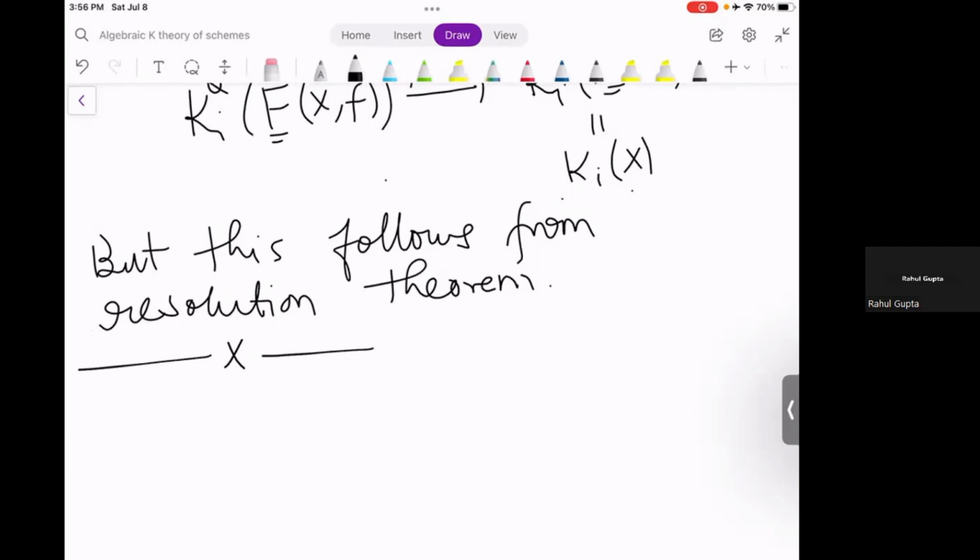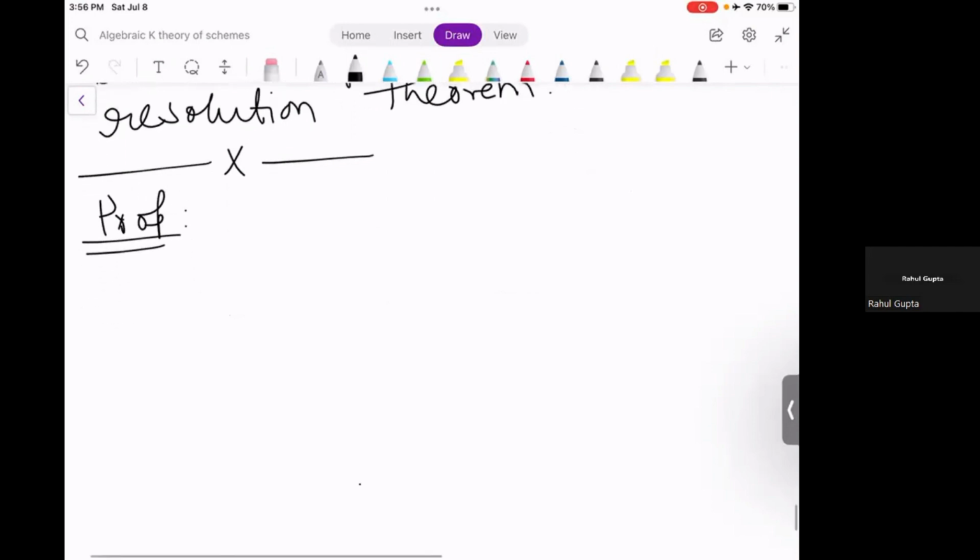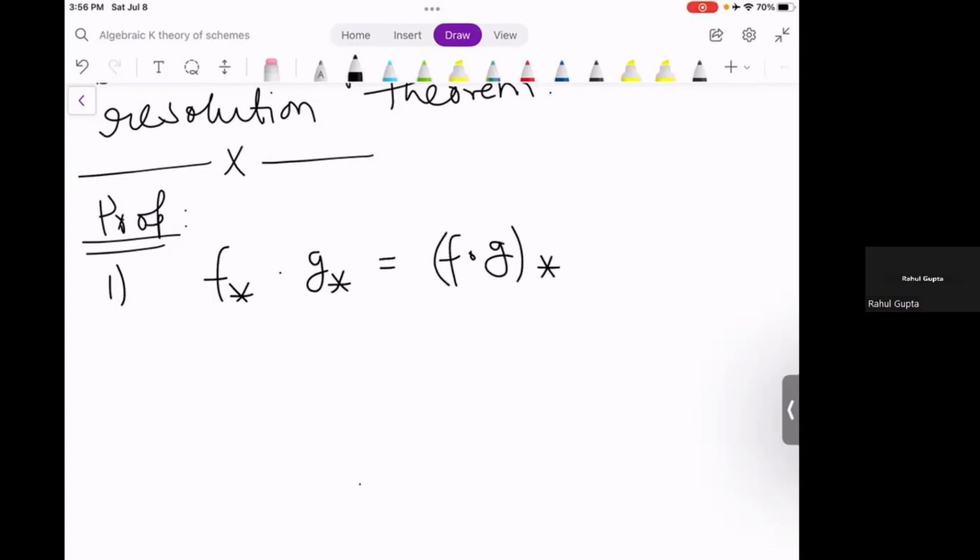Okay, so we have some push forward and pullback maps, and now we want to write a proposition on how these things behave with each other. So the very first thing, let me write it a bit vaguely. Whenever push forward makes sense on G theory, the push forward of a composition is the same thing as the composition of push forwards.